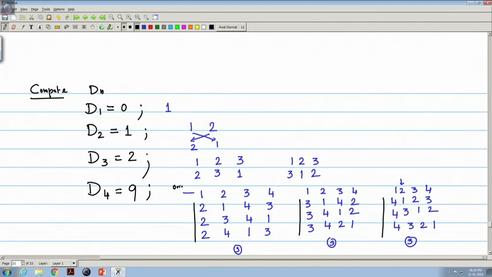This is their original position. Okay. Similarly, here it is the original position, this is my original position.